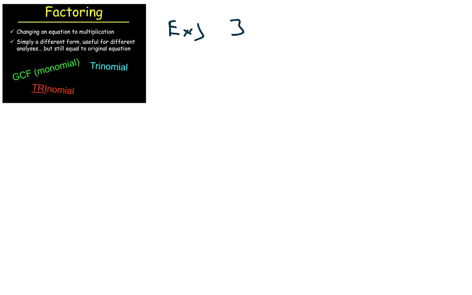Now, as soon as you get a coefficient involved, you have to, well, think a little bit more. You have to adjust your little puzzle. Let's talk about it. So clearly we have a coefficient, that 3 on the x squared. That's what makes this problem more complex.